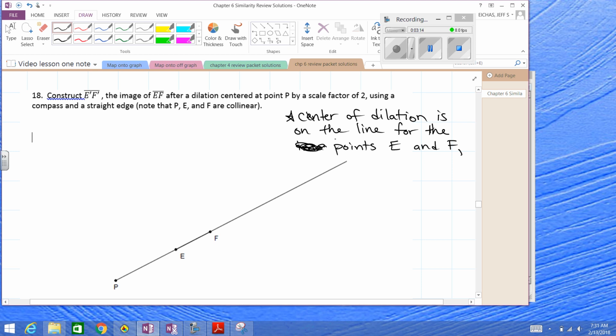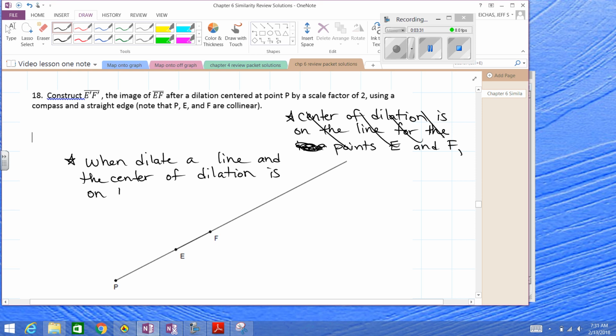let's back up actually. When we dilate a line, and the center of dilation is on the line, we get the same line.